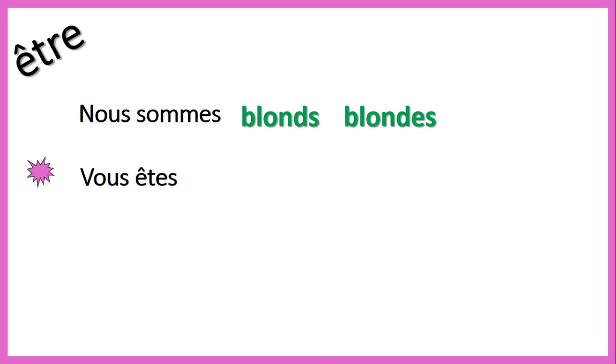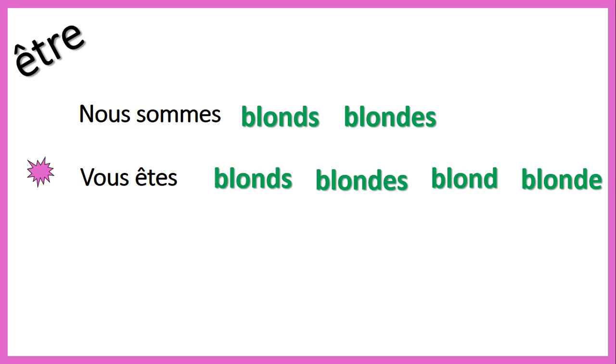And the plural forms would be nous sommes blonds or nous sommes blondes, depending on if it's a group of only women or a mix. Vous êtes blond, blonde, blonds, ou blondes. Yes, the 4 types are possible.